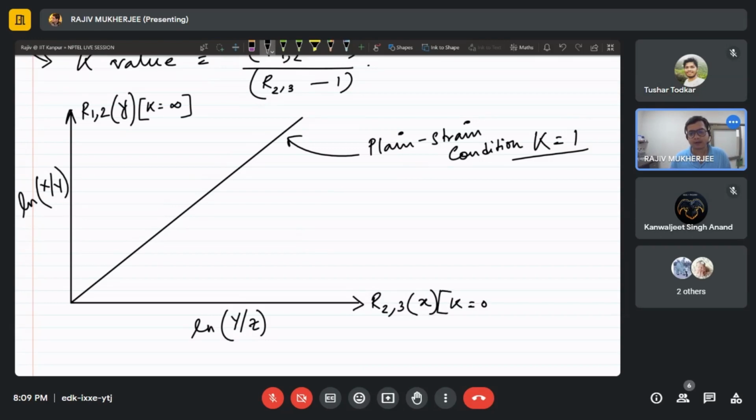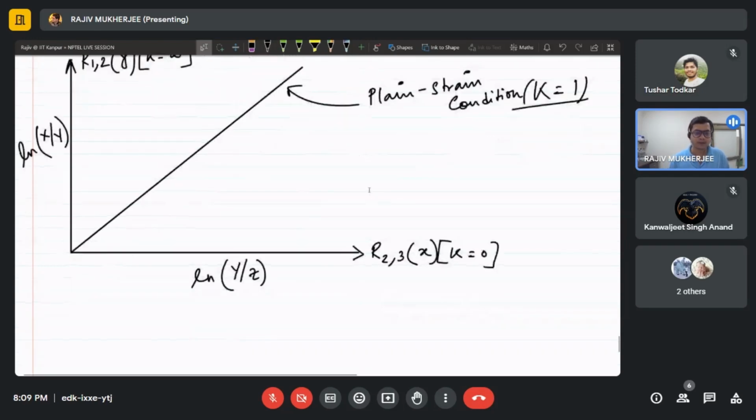So depending upon the different values of k, we can have k equal to infinity. This symbolizes x far greater than y, which is greater or equal to z, and this essentially indicates axially symmetric stretching.